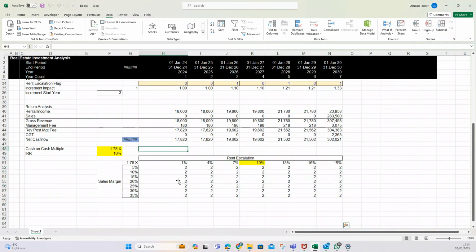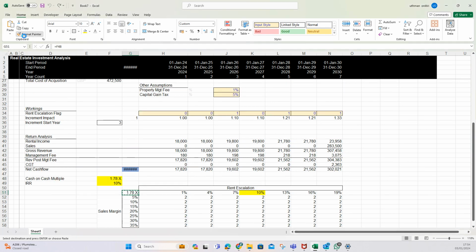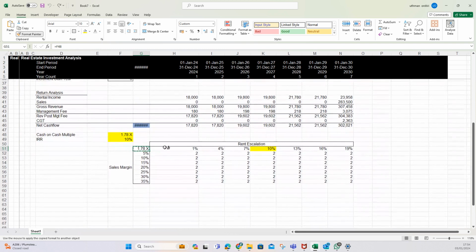Okay, just a bit of formatting. So let's do a format painter again.